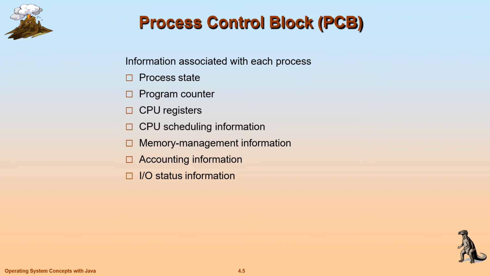Next, CPU scheduling information. Suppose 4 processes are loaded in main memory. Then which process has to be selected and given to the CPU for execution? This is carried out by a CPU scheduling algorithm. Next, memory management.